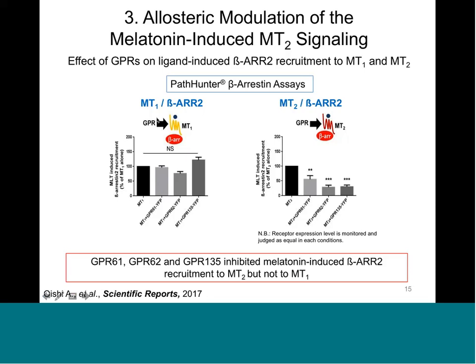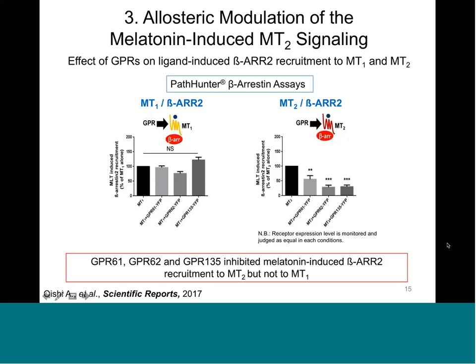The co-expression of GPRs didn't modify melatonin-induced arrestin-2 recruitment to MT1, but co-expression of GPRs inhibited melatonin-induced arrestin-2 recruitment to MT2. In this experiment, receptor expression level is monitored and judged as equal in each condition.